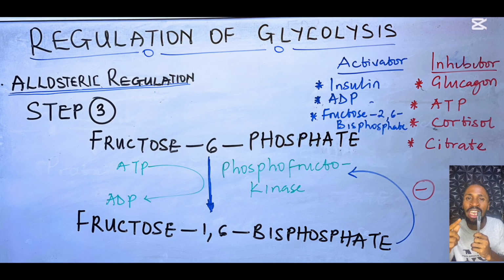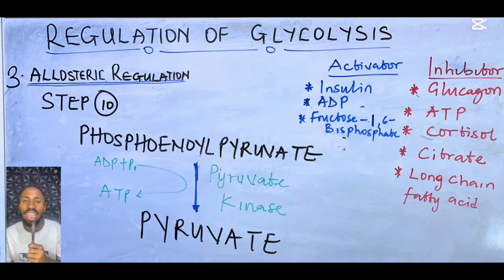This citrate inhibits PFK1, phosphofructokinase, because citrate is formed in the TCA cycle when acetyl CoA combines with oxaloacetate. Don't forget. So we have three stimulators and three inhibitors. The additional inhibitor is citrate, formed in the TCA cycle, and the additional activator is fructose 2,6-bisphosphate.